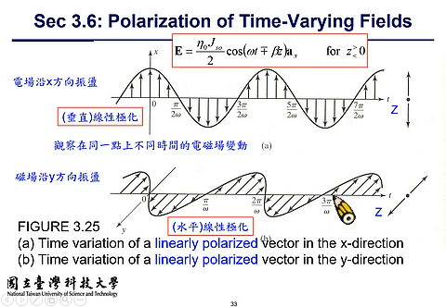And another relationship between the electric and magnetic field vibrating directions is that they are perpendicular to each other, they are orthogonal to each other.